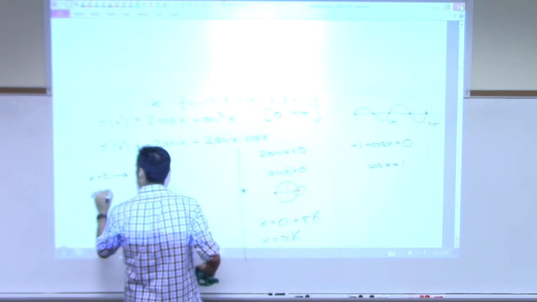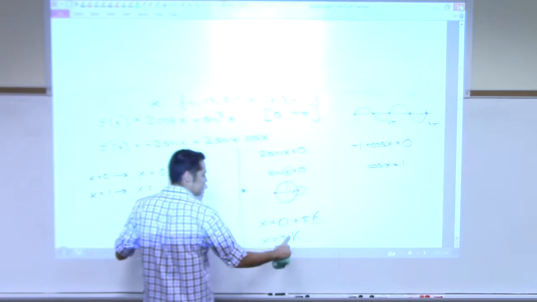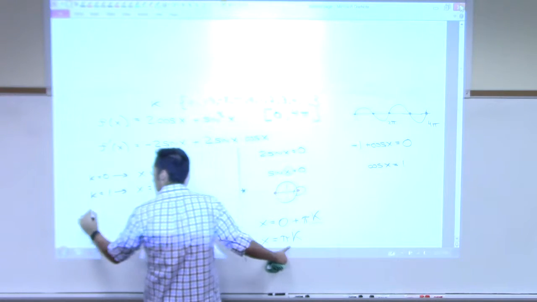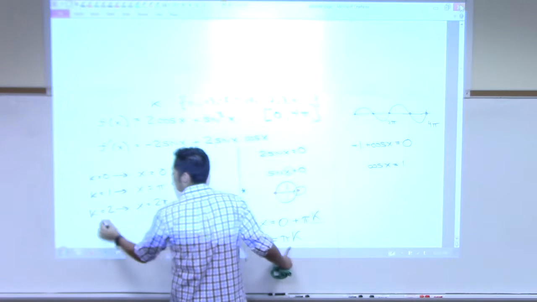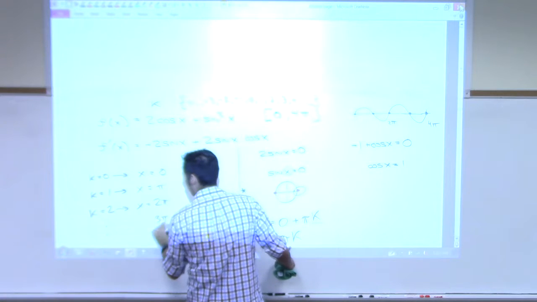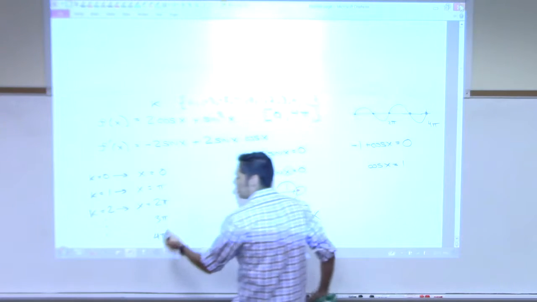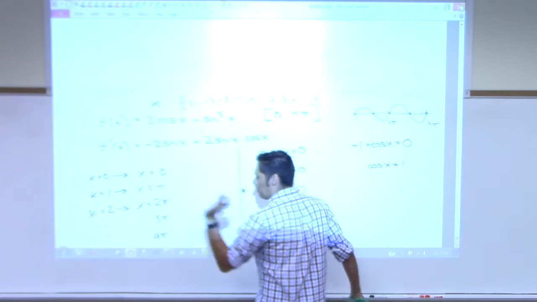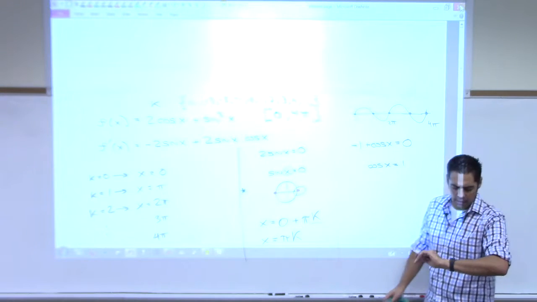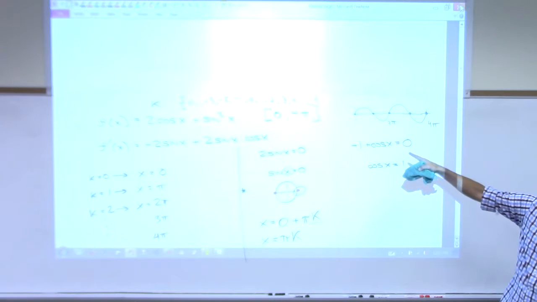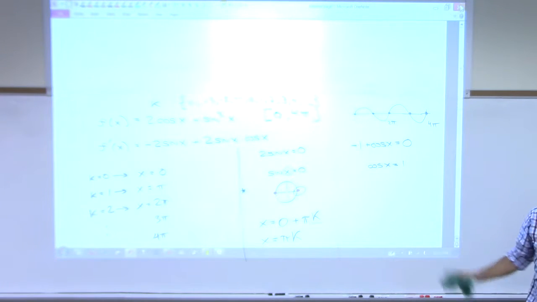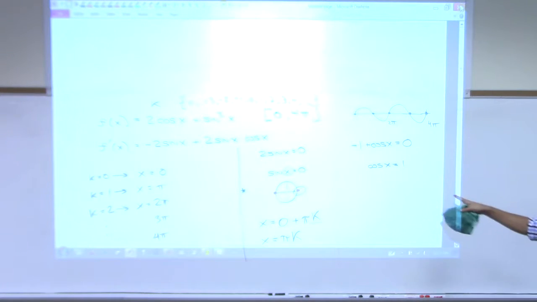What if k is 1? X is pi. What if k is 2? 2 pi, and then 3, 4, 5, so you get 3 pi, 4 pi, and then once I get to 5 pi, I throw it out, because it's outside my interval. Got it?